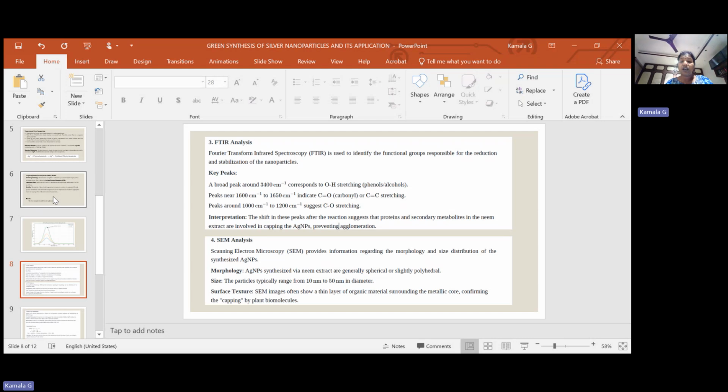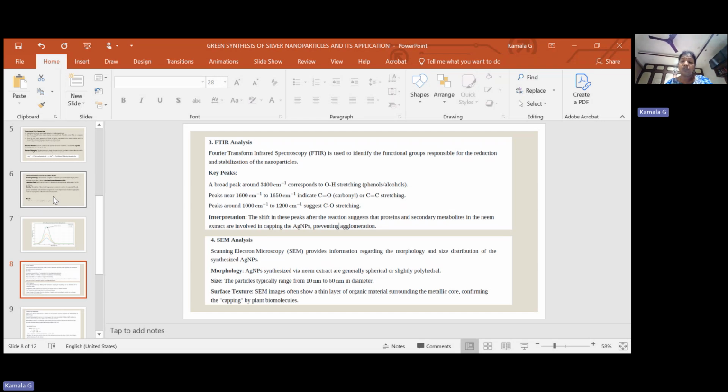We got a broad peak at 3400 per centimeter, which is responsible for phenols and alcohols. Peaks observed at 1600 and 1650 indicate carbonyl and carbon-carbon stretching. Peaks observed at 1000 to 1200 suggest C-O stretching.